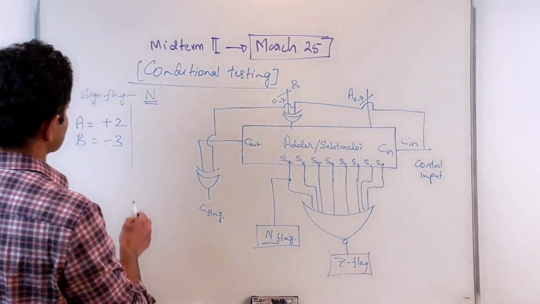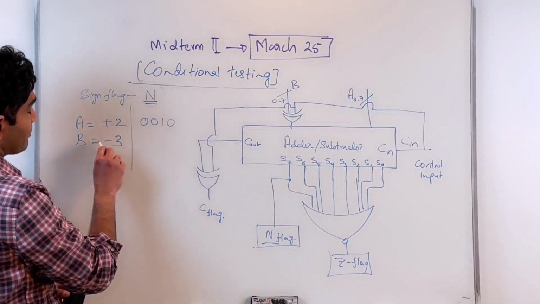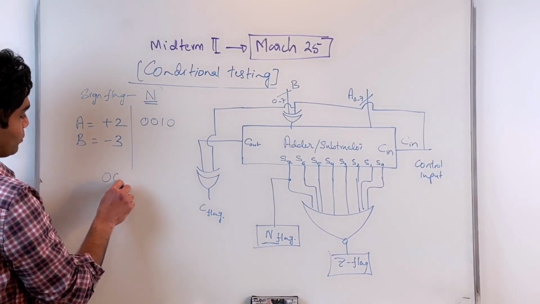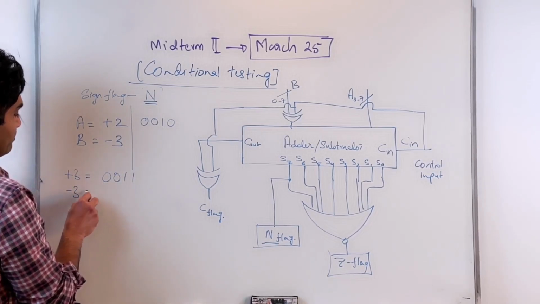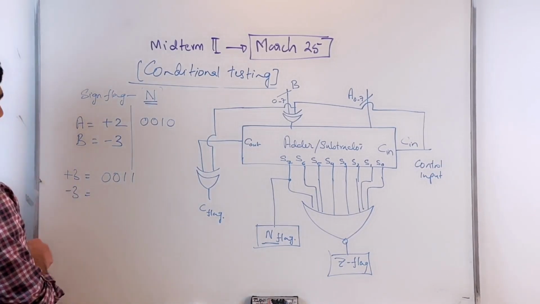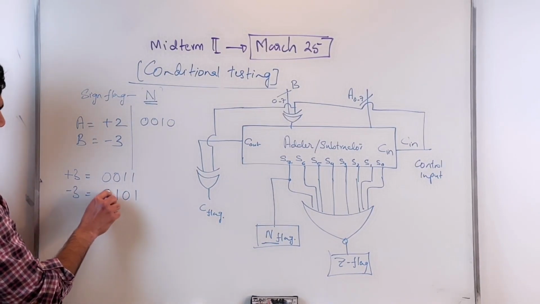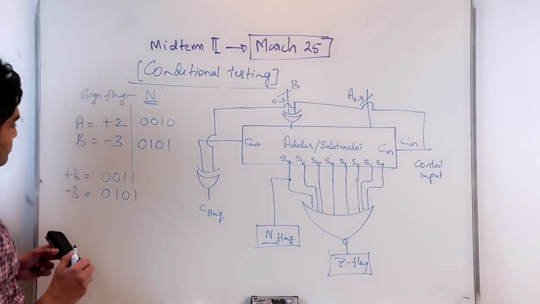So +2 is represented as 0, 0, 1, 0. -3 would be what? Again, +3 would be 0, 0, 1, 1. That means -3 would be the 2's complement of that, right? Oh, sorry, wait a minute.